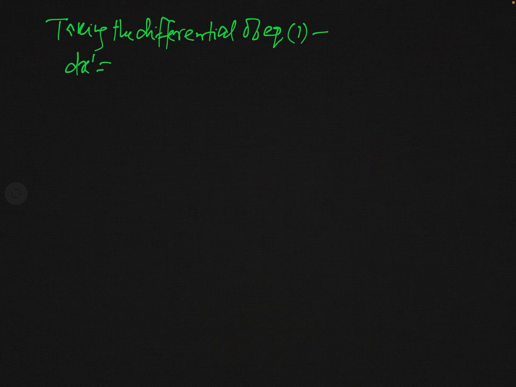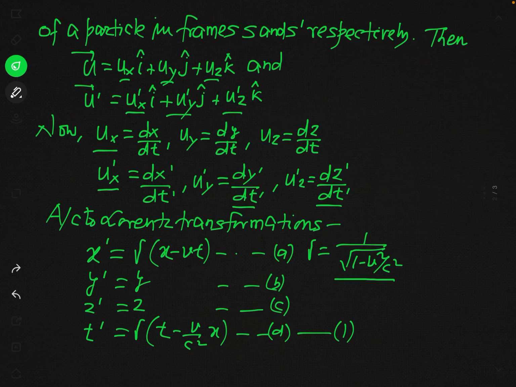That will be simply gamma times (dx minus v dt), because gamma is a constant, so it is outside the operator; the differential of x is dx, v is again constant, and the differential of t is dt.